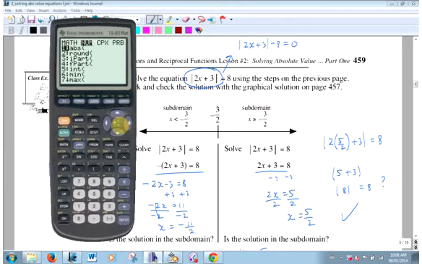See, number 1 says ABS. That's not anti-lock braking system. That's absolute value. The absolute value of 2x plus 3, bracket, minus 8. There's the graph.